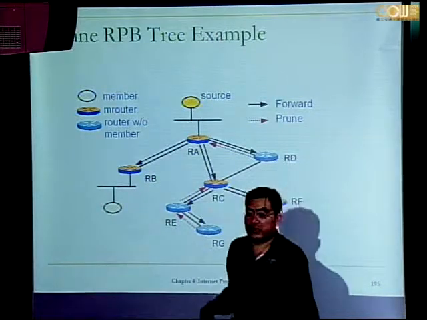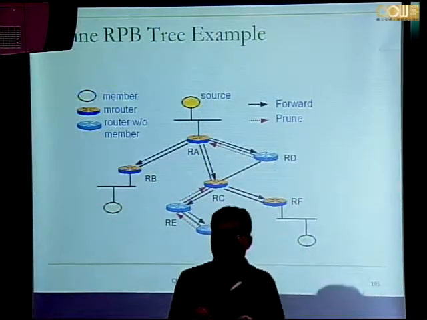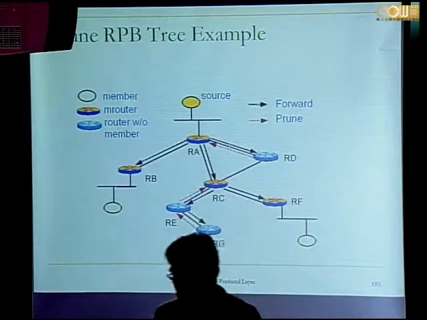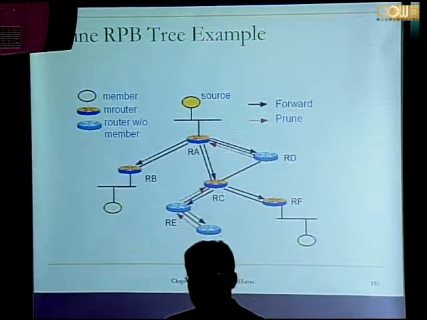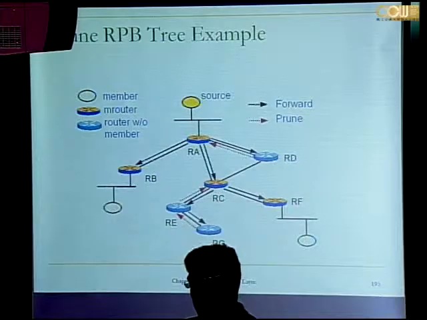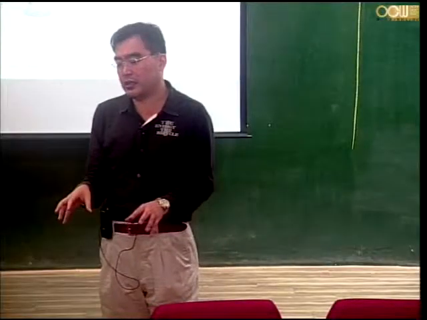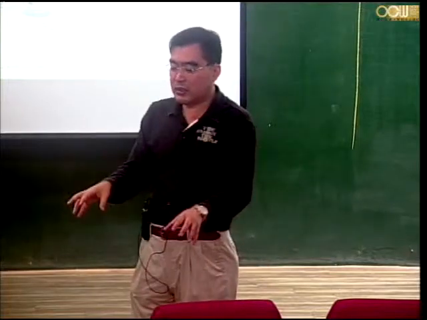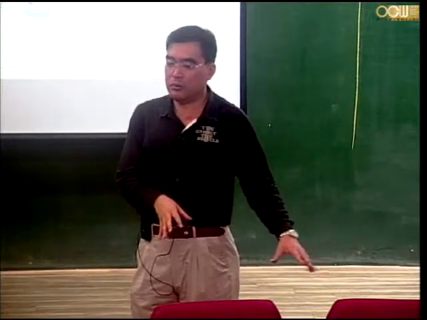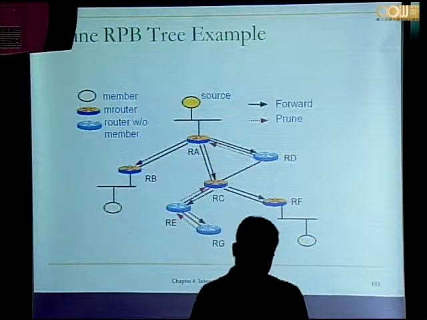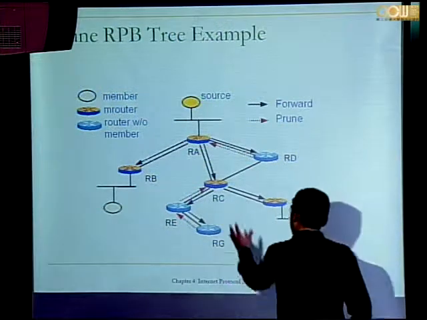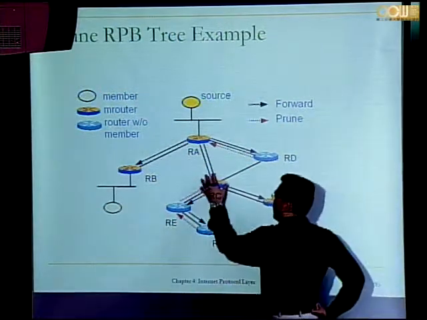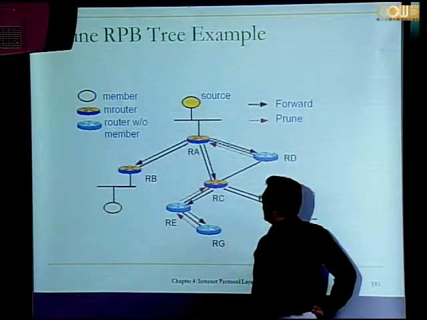The prune state says that if you have a packet destined to this class D address, don't forward on this link. So it's no for this class D on this link. Then the default is to forward unless you have prune state kept here.